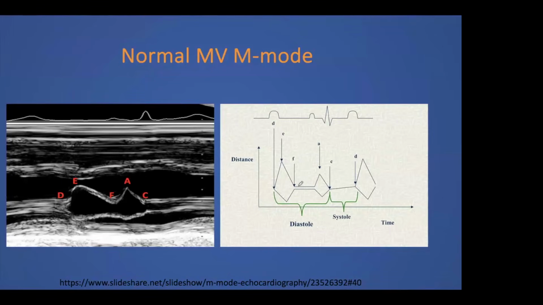This is why the valve will almost come back to baseline, because there is low flow or none sometimes if the patient is at a lower rate. And then you will have the atrial contraction, and the two lines, the anterior mitral valve leaflet and the posterior, will come together and join, and the cycle continues.